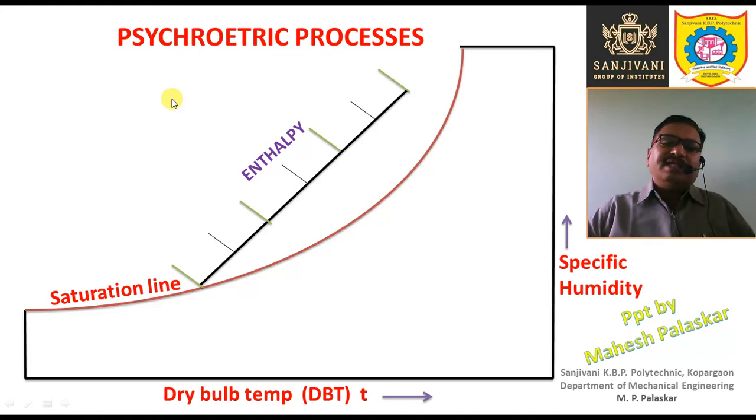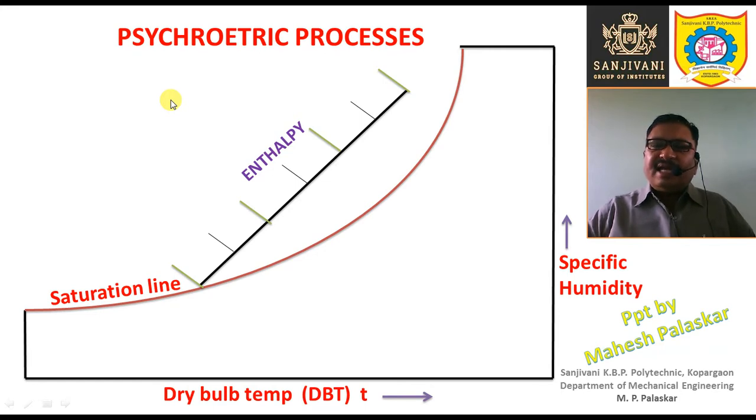So the initial and the final condition, and the direction in which the process is going to proceed, are indicated by the arrow, right? And the condition or state is represented by a point. So two points are joined. The first point is the initial condition, the second point is the final condition or state.